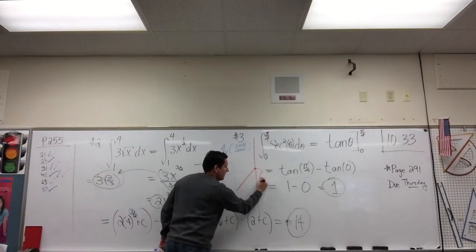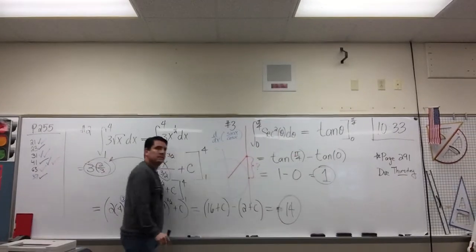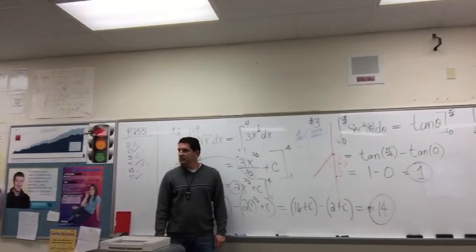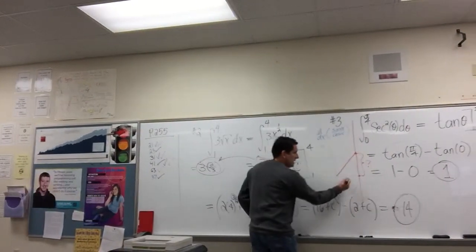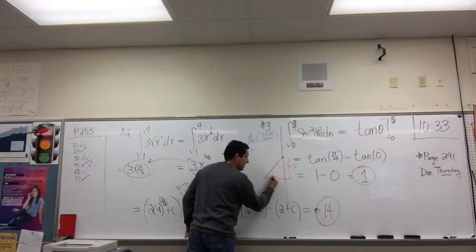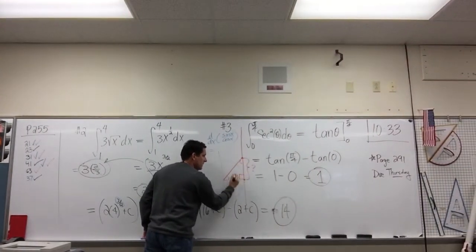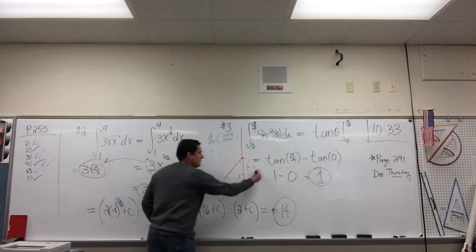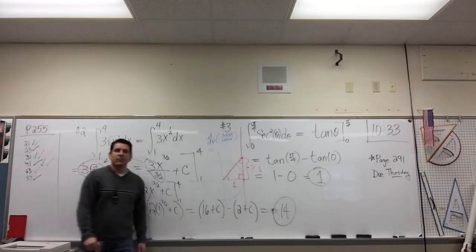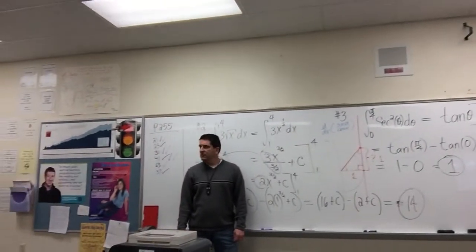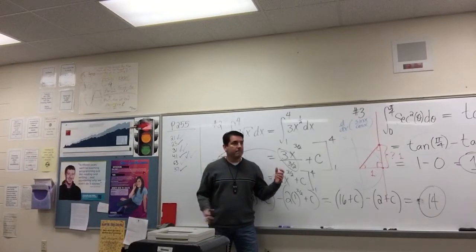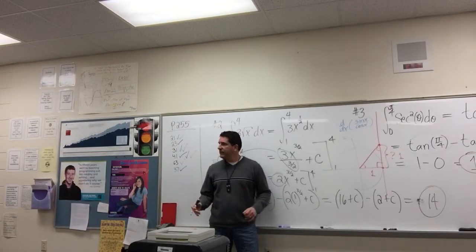And the question is, how long is that line? Well, it turns out that this is a 45, 45, 90, right? With a radius of 1. So that tells you that the tangent of pi over 4 is 1. So it's all there. You just have to know the fundamental things, and then you can build off of that.